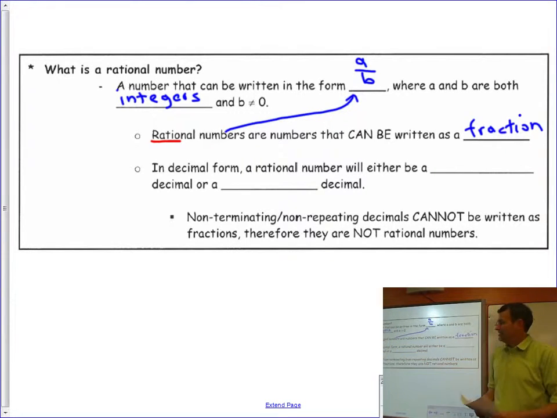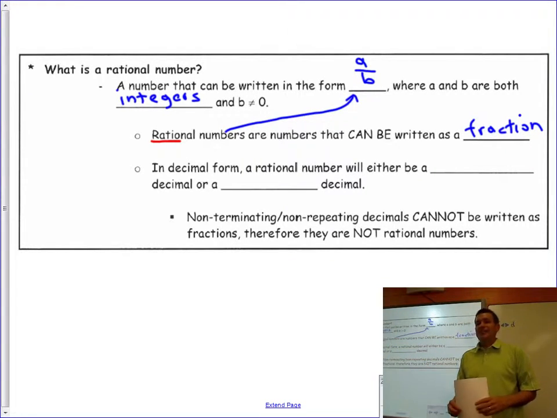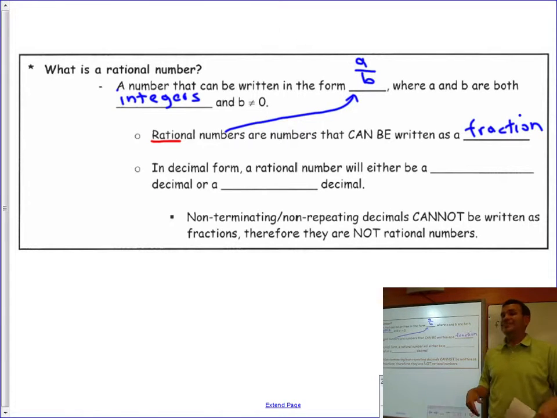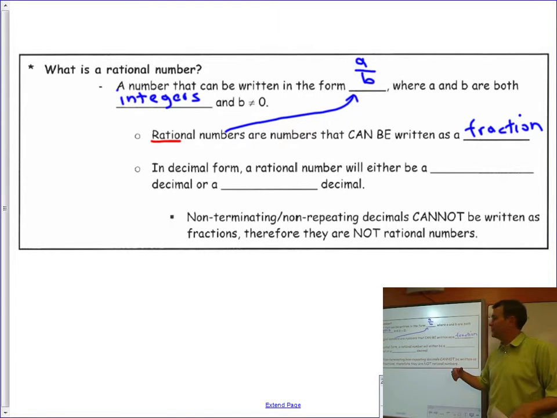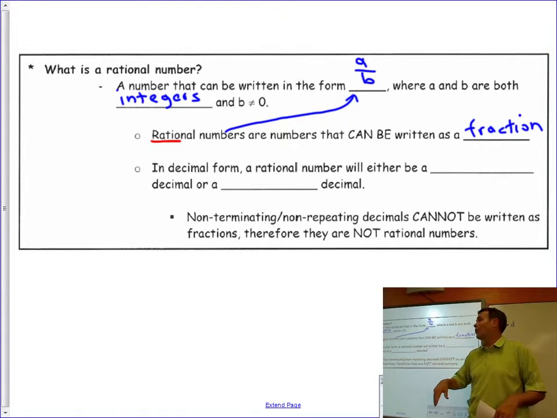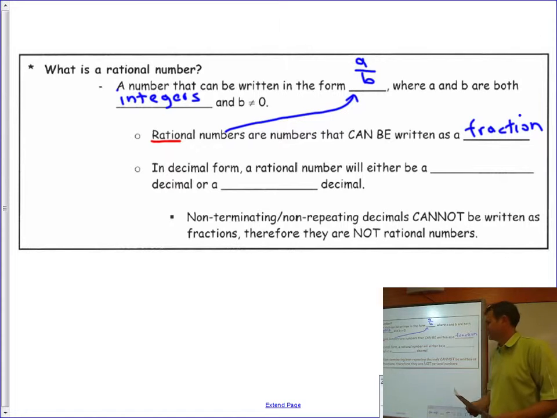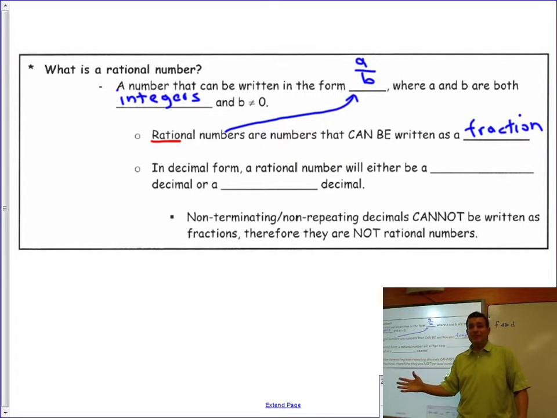Maybe in the past you've done something called ratios. That's all a ratio is, a fraction, and that's where rational numbers come from. They're numbers that can be written as ratios or fractions. As we went over yesterday, there are two types of decimals that can be written as fractions.